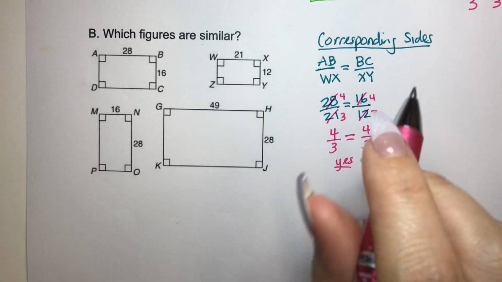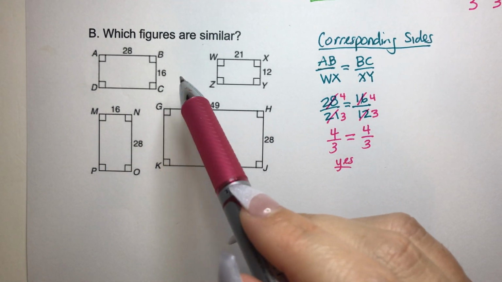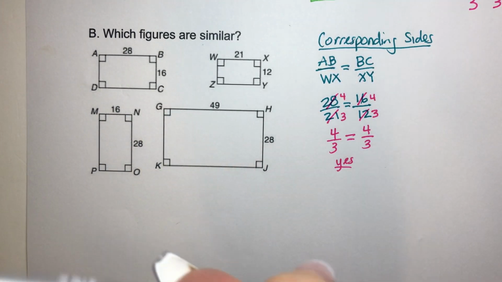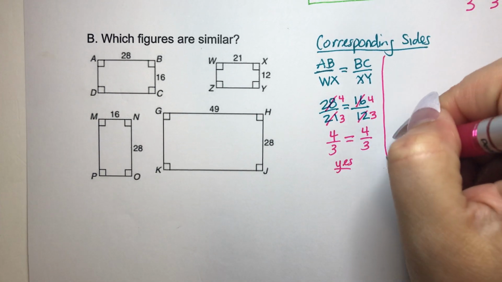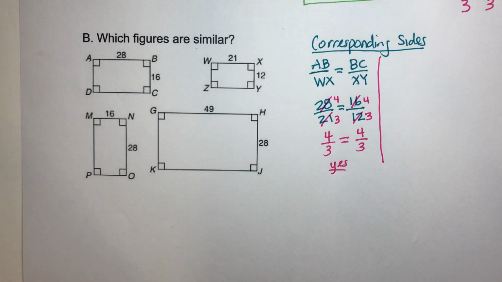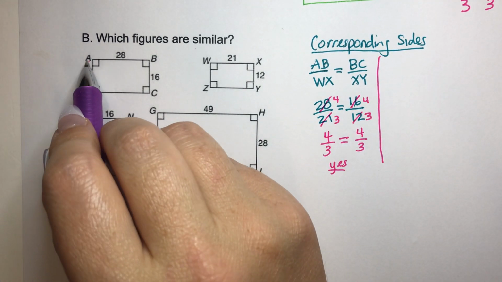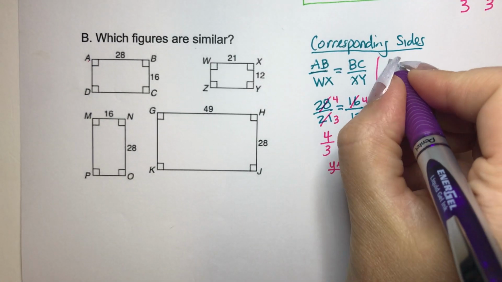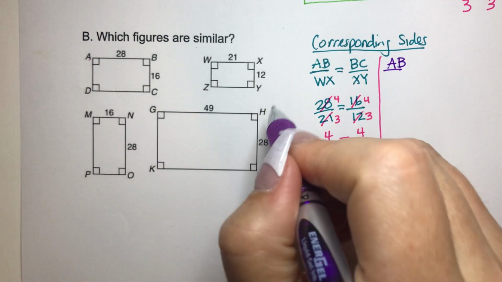Okay, but let's see if there's any other figures that are similar. How about we look at these two right here. So I'm going to look at AB. Let me get a different color. Let's go purple. So let's go to AB over GH.